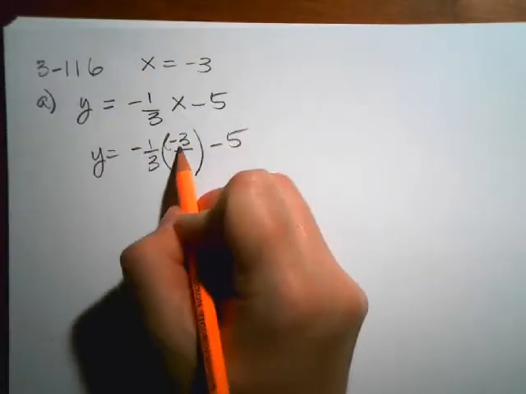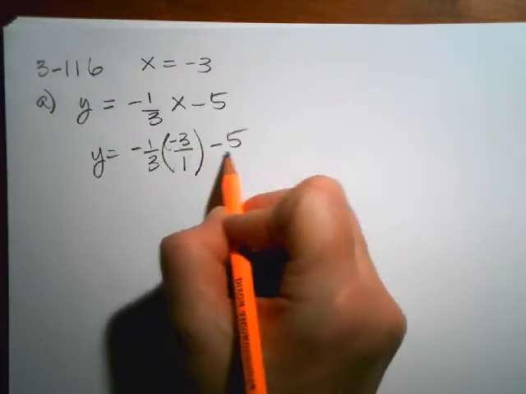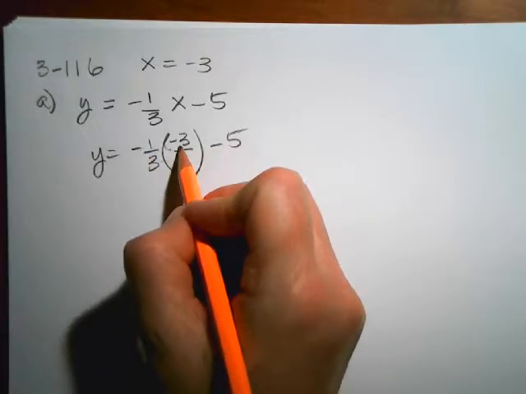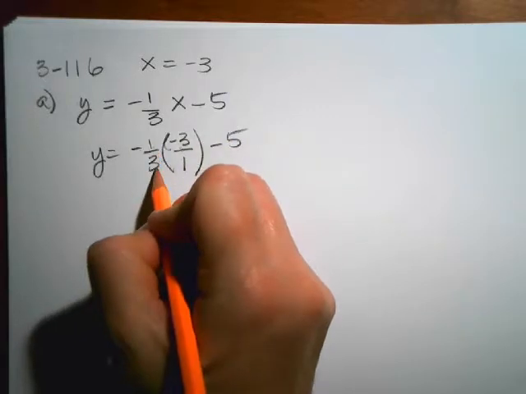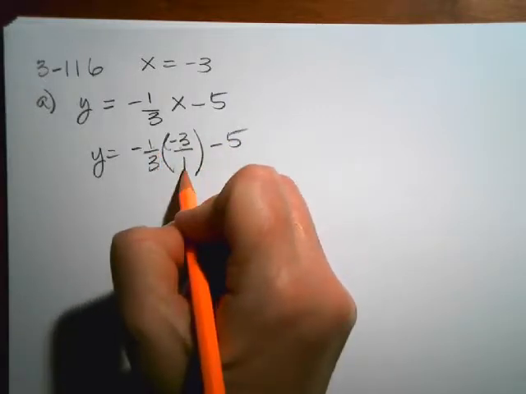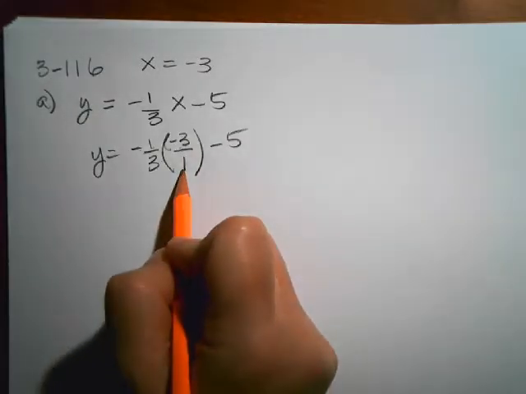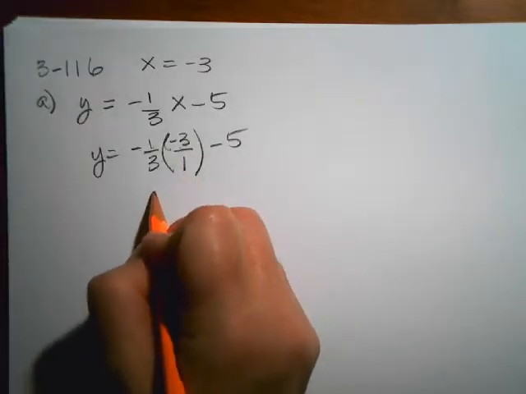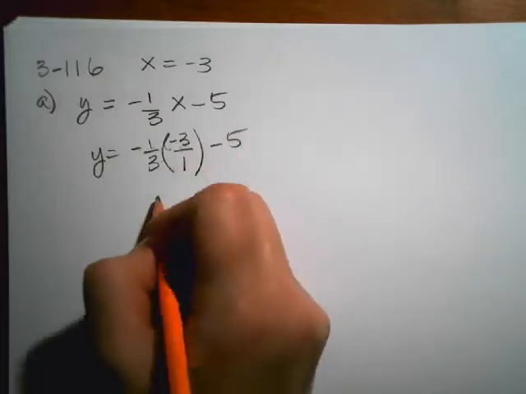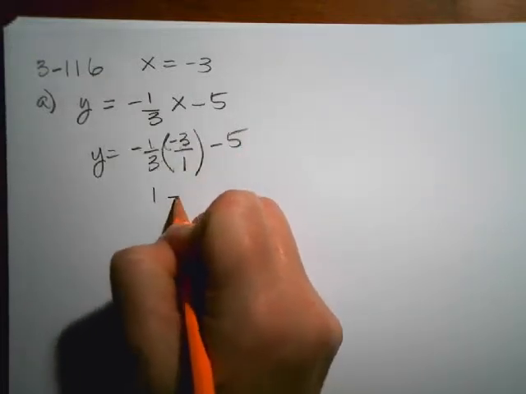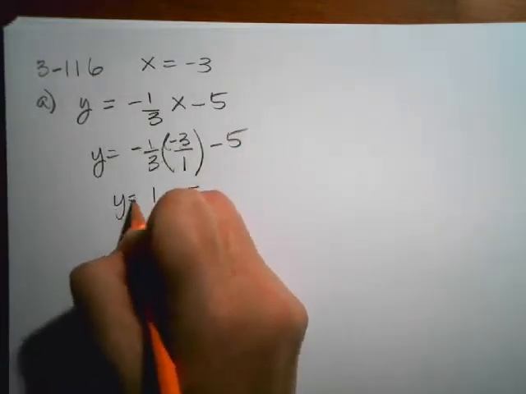Okay, negative times negative, multiplication is first before subtraction. Negative times negative is a positive 1/3 times 3 over 1. Multiply numerator times numerator, denominator times denominator. So that's going to be positive 3 over 3, which is positive 1, minus 5 is -4.